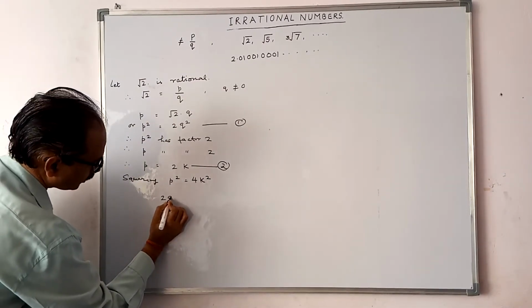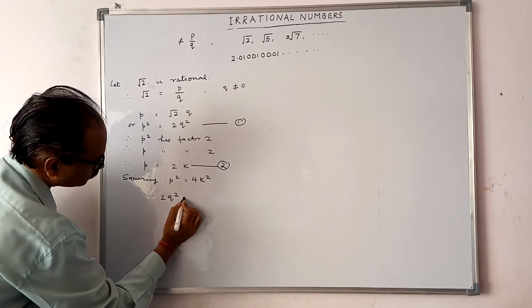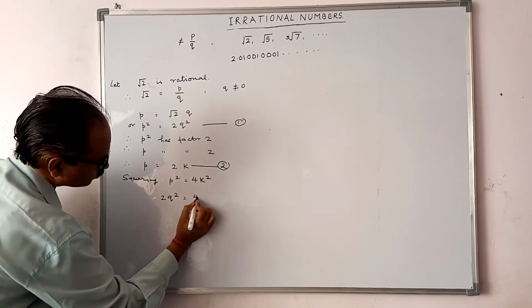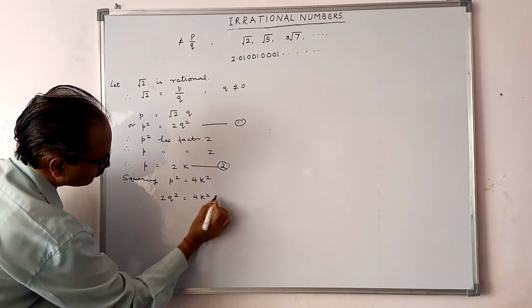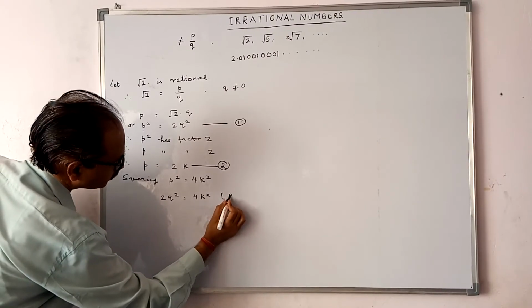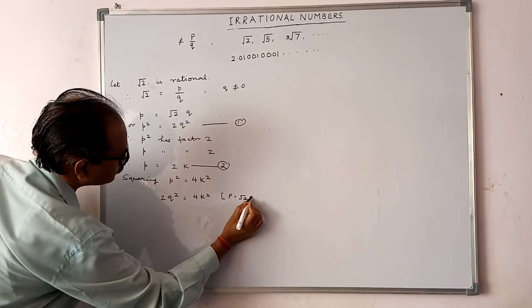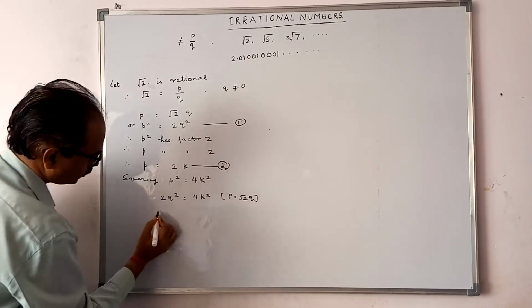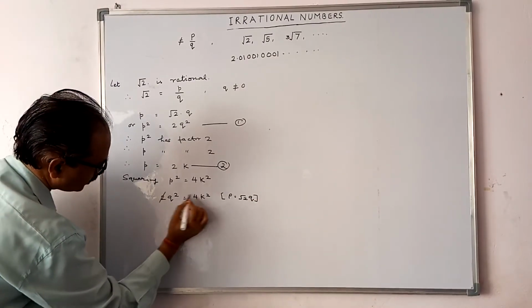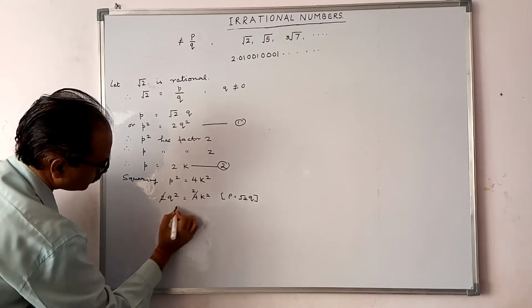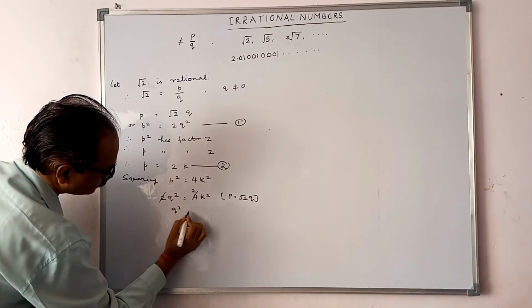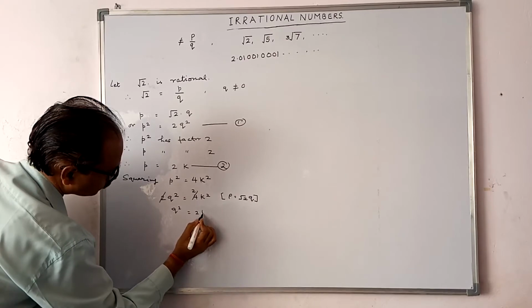So, 2q square is equal to 4k square. Put the value of p, because the value of p was equal to root 2 q. So, q square is equal to, cancelled here, 2 to the 4, q square is equal to 2k square.